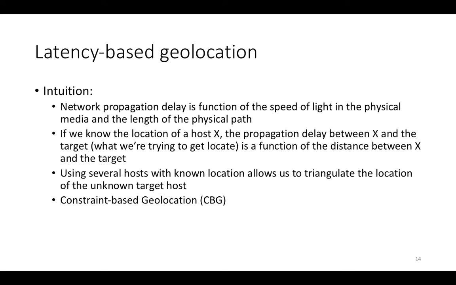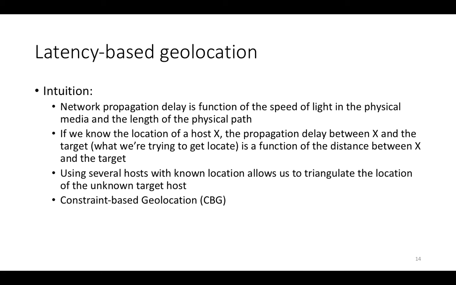As a result, there's a whole class of IP geolocation techniques that are based on latency. We'll call these latency-based geolocation techniques. The intuition here is fairly straightforward. When we talk about network propagation delay, we know that network propagation delay is a component of latency, and the propagation delay is a function of the speed of light in the physical media and the length of the physical path.